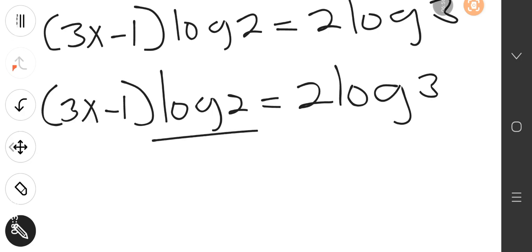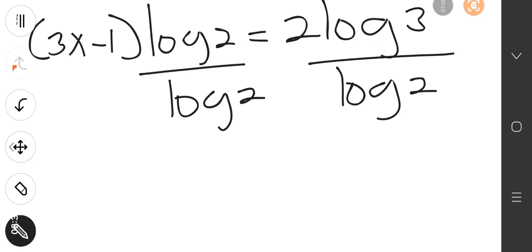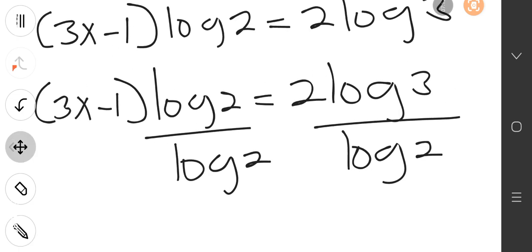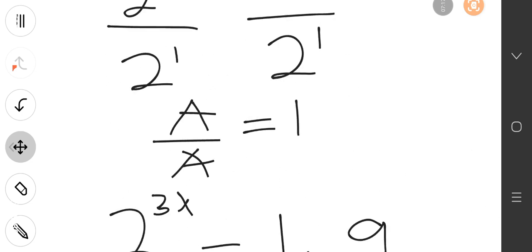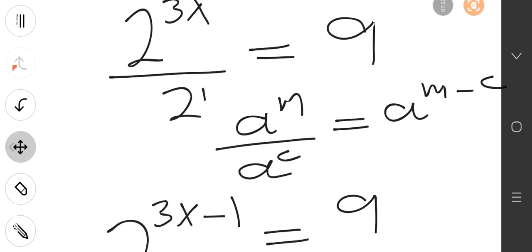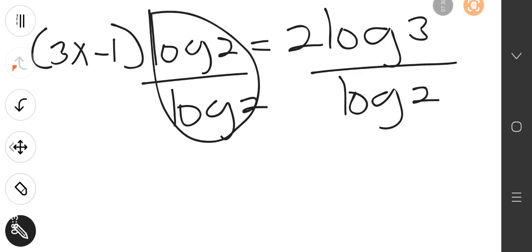Now let's divide here by log 2 and here by log 2. Now you've already stated that anything over itself is 1. So if you have a over a, that should give us 1. So we can say log 2 over log 2 is 1.